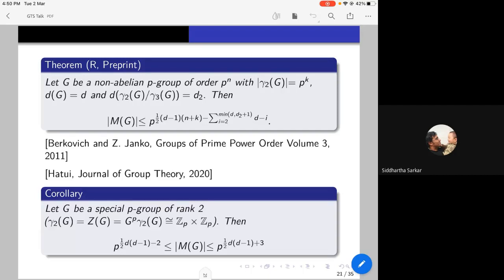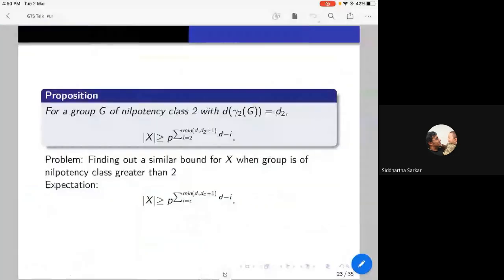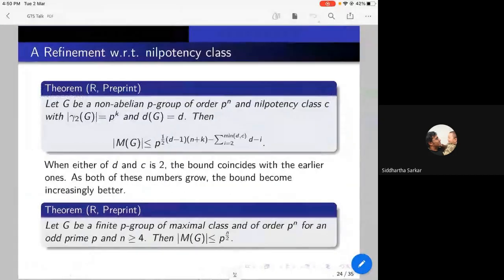So one can join these together, but then i shall run from 3 to the minimum of d and c. When either of d and c is 2, the bound coincides with the earlier ones. As both of these numbers grow, the bound becomes increasingly better.